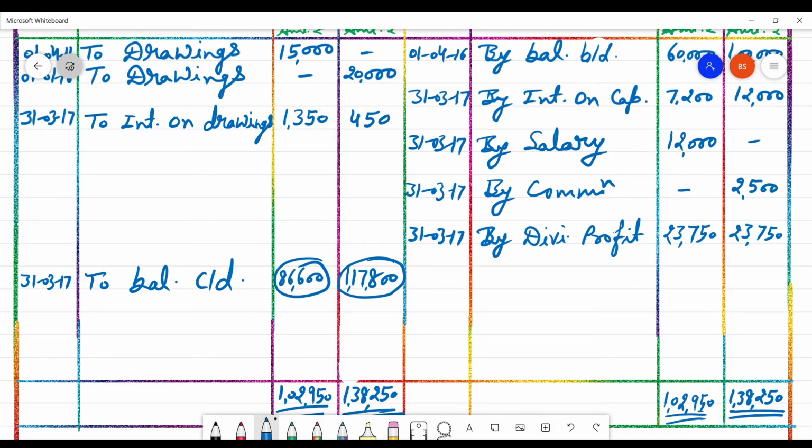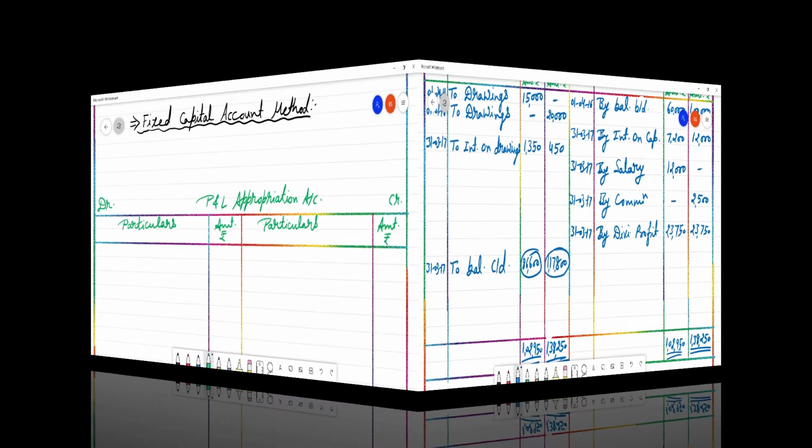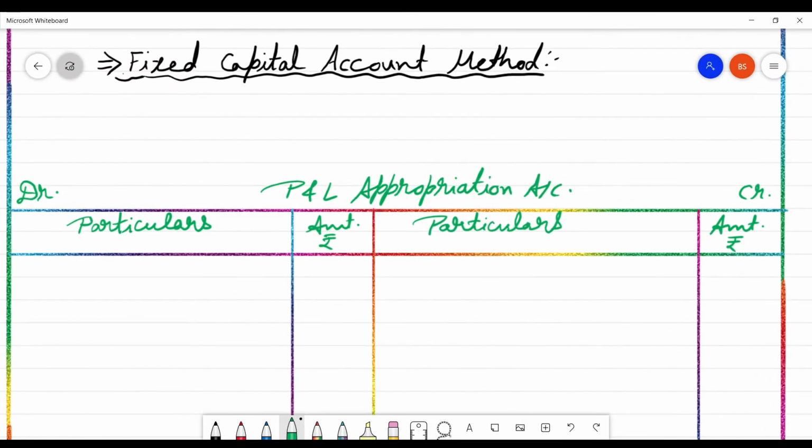which was completed. Students, let's learn the specimen according to the fixed capital account method. First of all, you have to write down net profit or net loss.